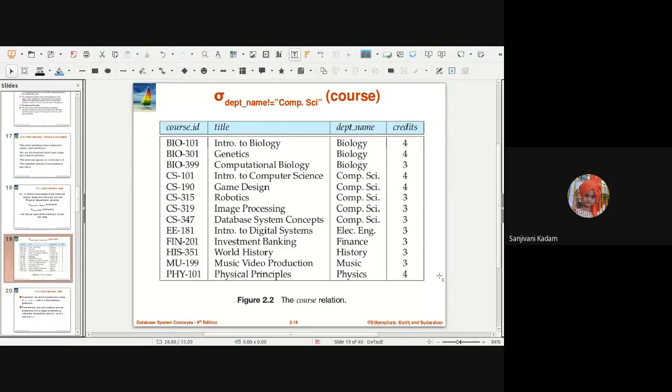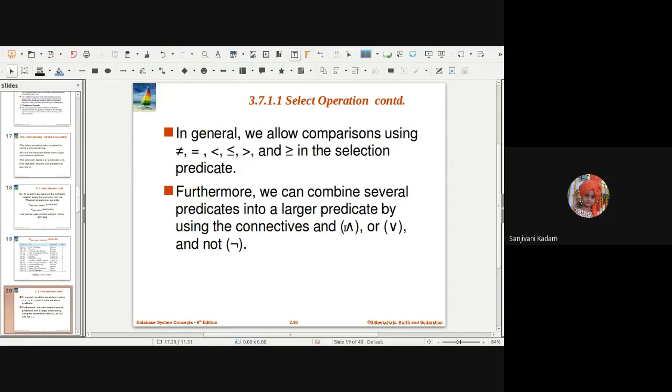Whenever we have conditions on more than one attribute, we can apply them by using and, or, not, etc. Here one condition is that department name should be computer science, and then we use the predicate and.